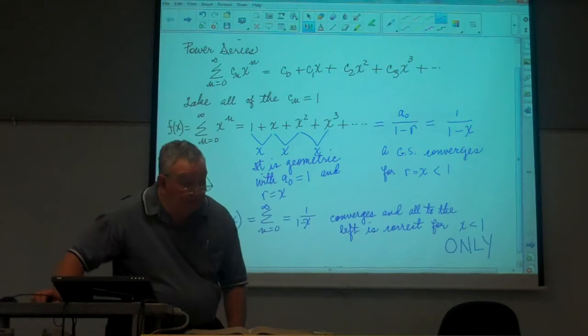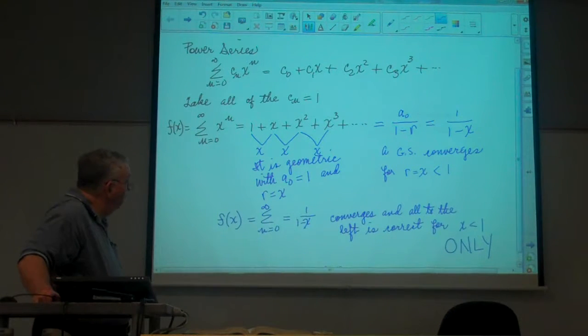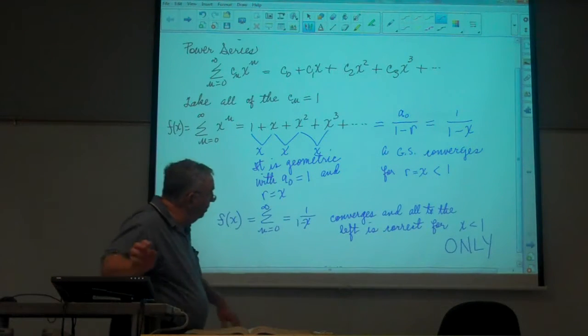Miles, can you explain your explanation of A0 over 1 minus r? Isn't that the geometric series test? Look at your card and see if that doesn't say what a geometric series says.